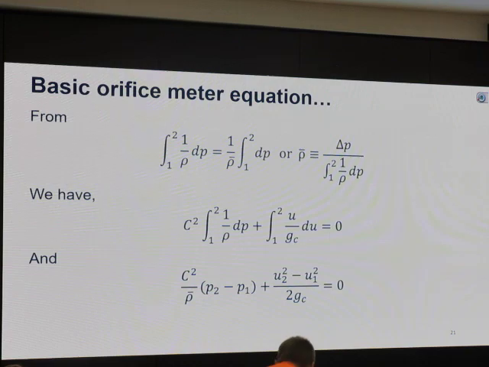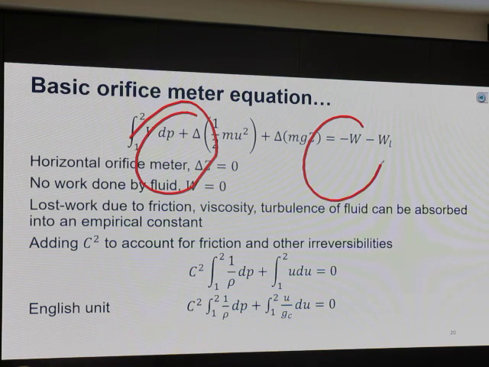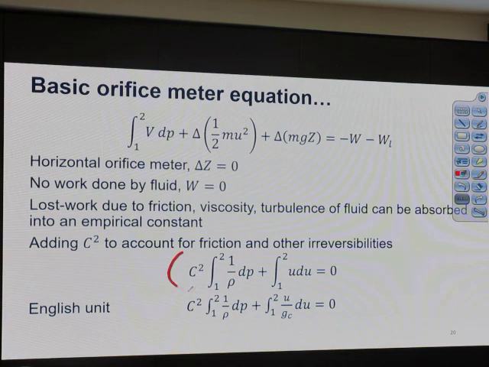Then we have the equation, we derive it. Okay, I don't really test you on that. Eventually, what is this equation? This is just to show you 1 over rho dP can be integrated like that because we use 1 over rho dP in this part. Okay, 1 over rho dP and u du, that is from the macroscopic energy balance.